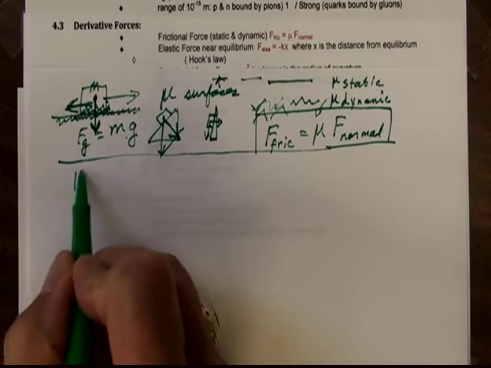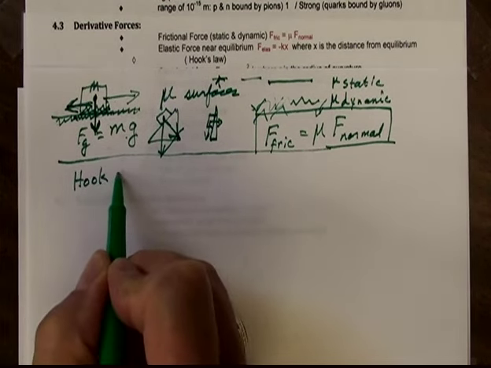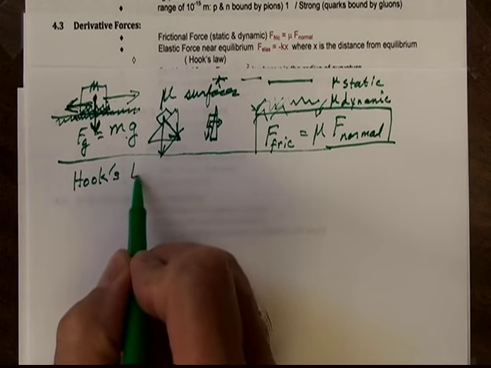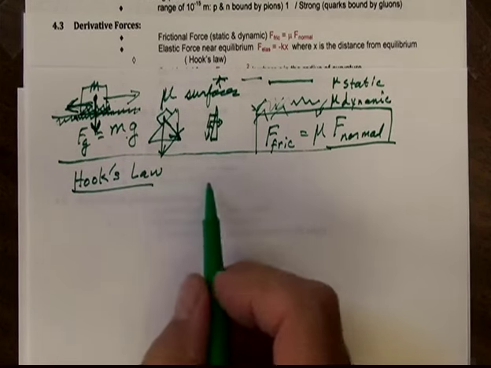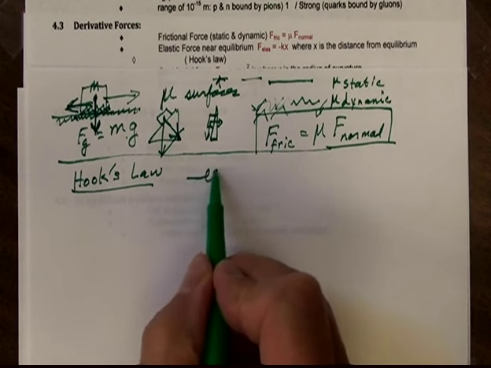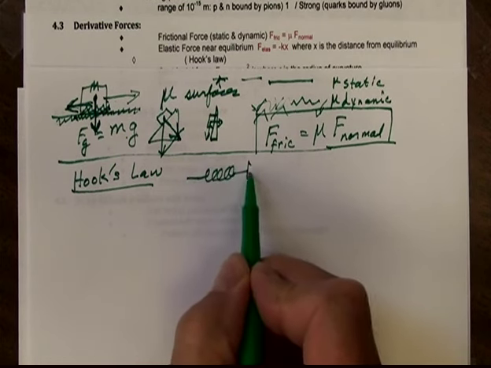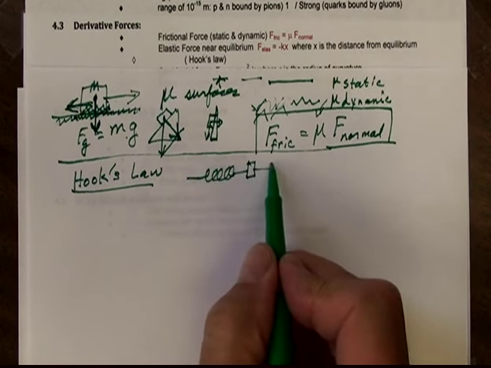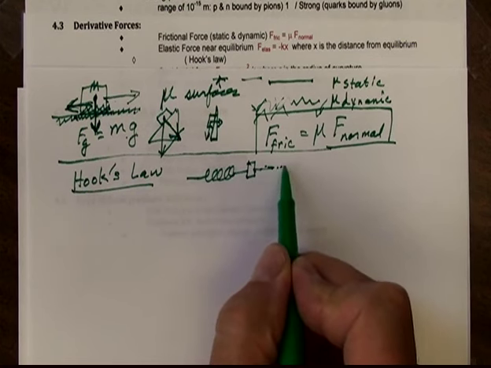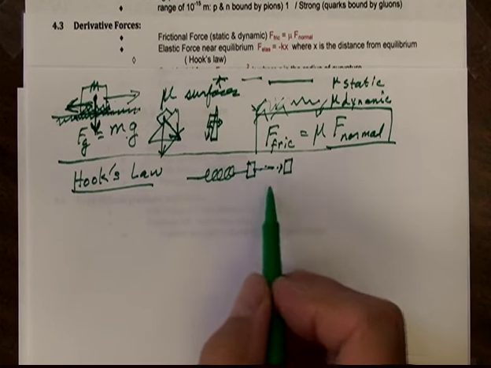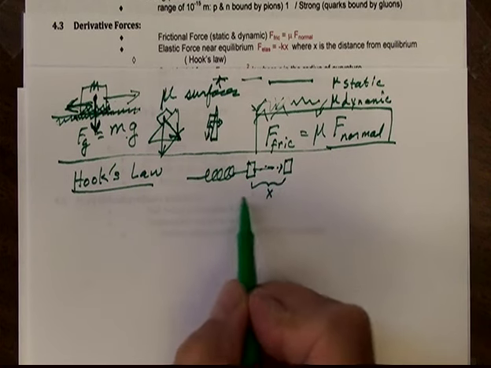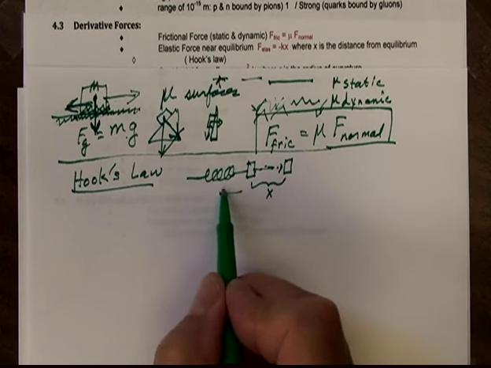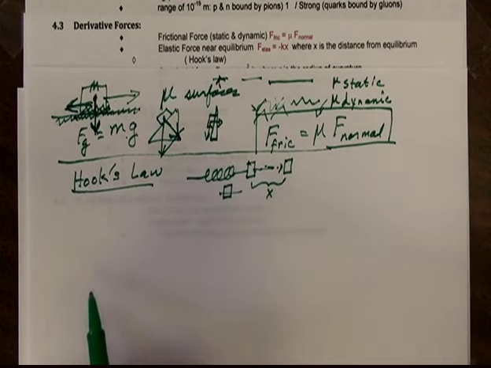The next force I want to look at is the elastic force called Hooke's law. This is the force that arises when we take something like a spring and we either stretch the spring out to some other point, by some distance x, or we could compress the spring where the mass was back here.